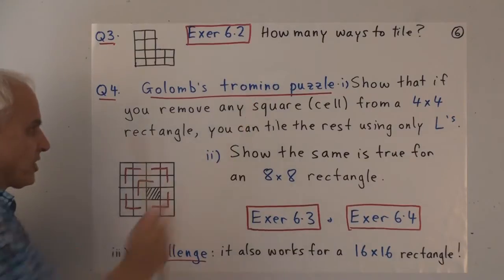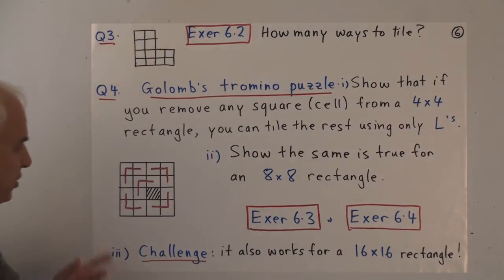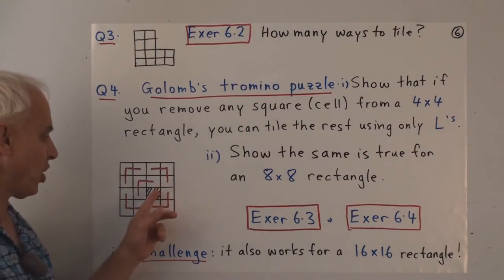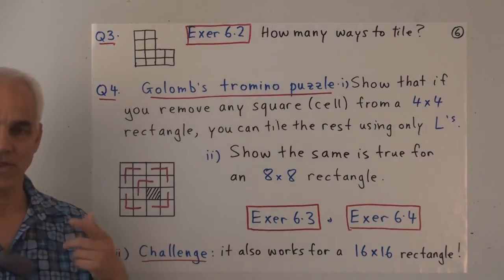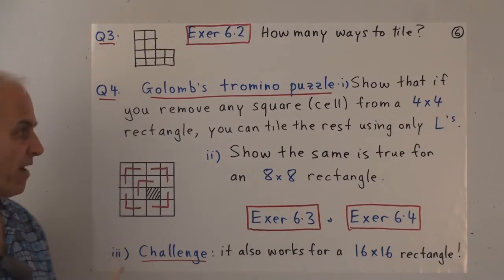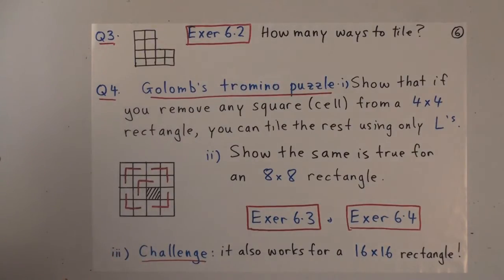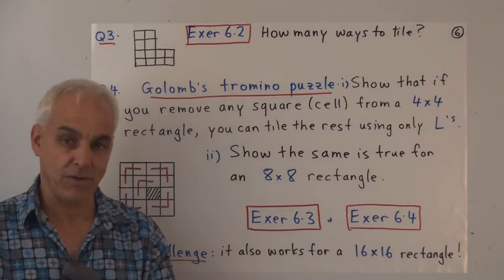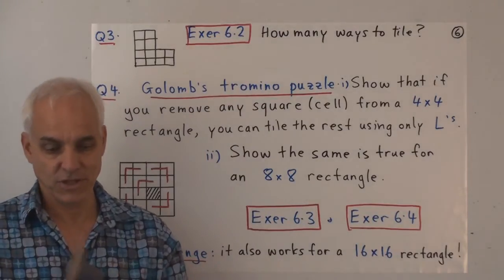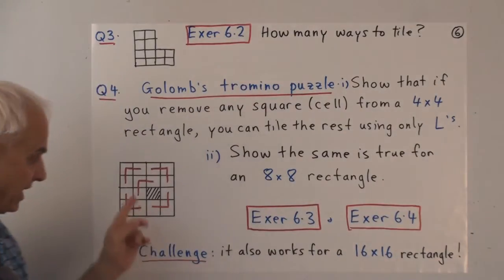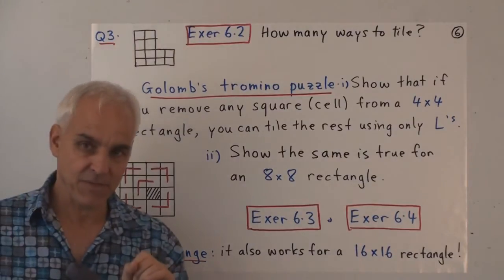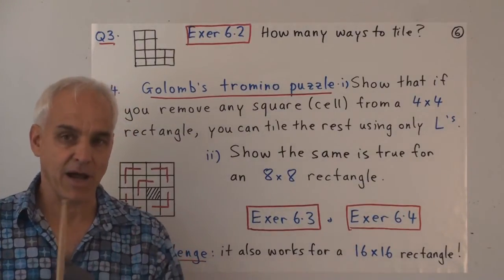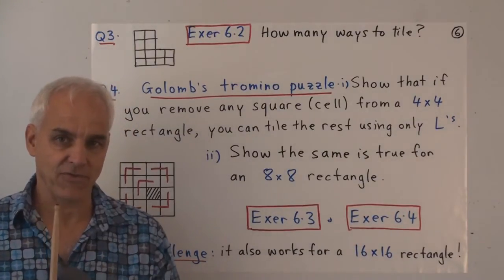Okay, so the first exercise is to show that you can do this no matter which of these cells you take away from the 4x4 square. A little bit more challenging is that actually the same is true for an 8x8 rectangle, or in other words, a chessboard. So if you take a chessboard and you remove any square from it, the rest of it can be tiled only using L's.